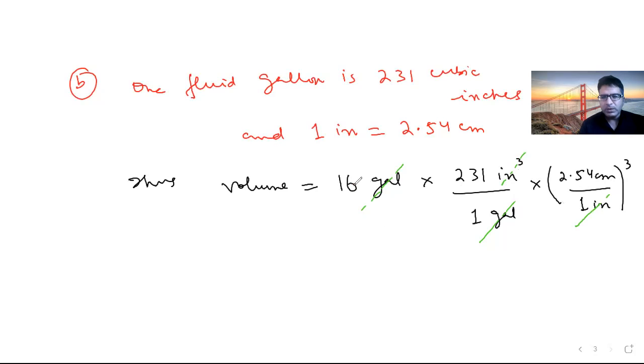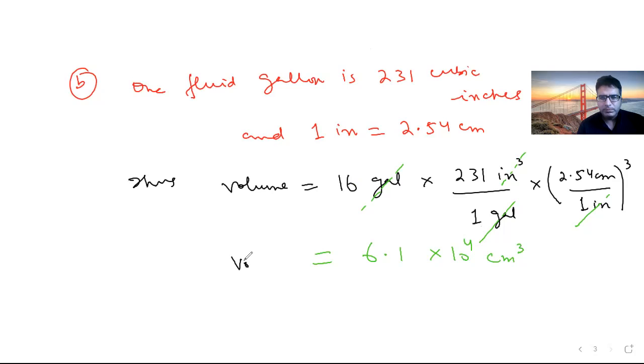So when you do the calculation, you multiply 16 by 231, then multiply that by 2.54 cube. When you do that, you will get 6.1 into 10 raised power 4 cubic centimeter. Let me encircle it.